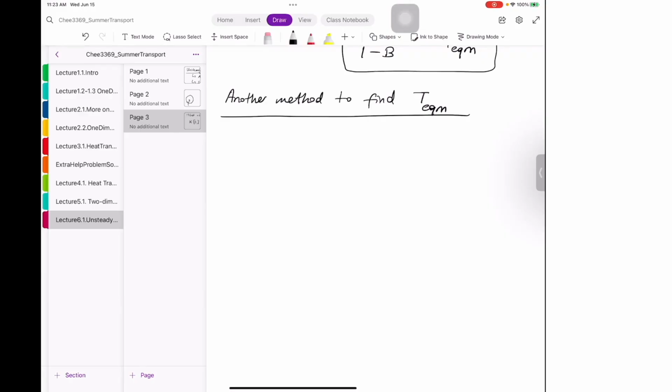And one way to do it is the following. You can do an energy balance: in minus out plus generation is equal to accumulation, right? And you can set the accumulation to 0, or you can say, okay, nothing is going to come in, nothing is going to come out.